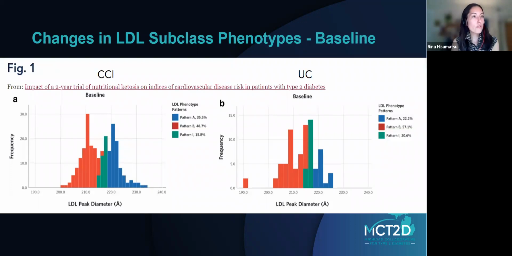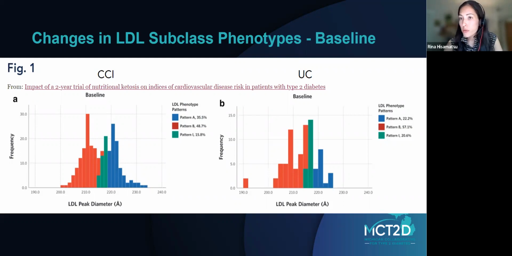All right, so I divided this graph into 3 slides to make it larger, but this graph shows some changes in the particle diameter of major plasma LDL peaks. There are 2 main LDL phenotypes that we typically research.